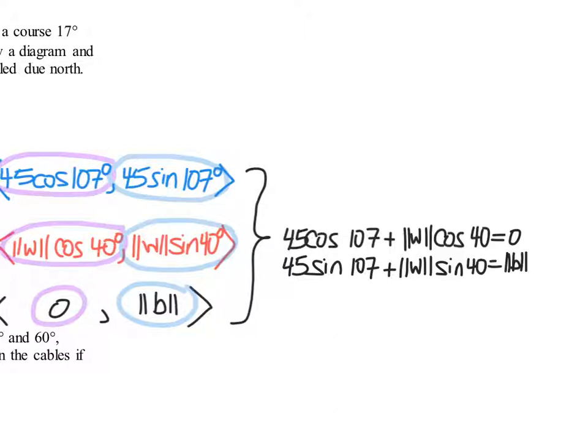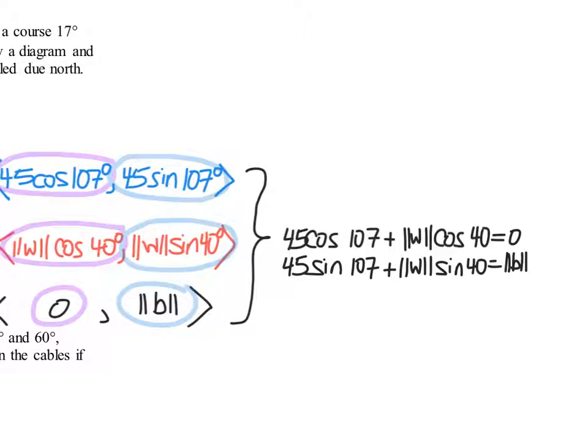But the recommendation is to just go through the process without the calculator, leaving your answer in unsimplified trig function form, right? So don't go getting into decimal form because then you have rounding considerations that you'll have to deal with. Unless you use the store feature in your calculator to hang on to those most exact forms of the decimal. So what we're going to do is solve the first one.